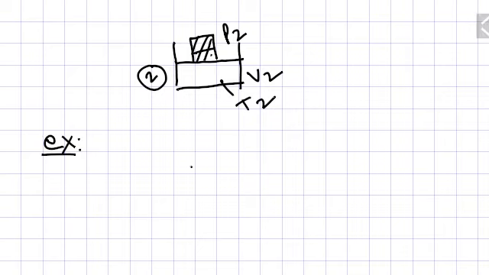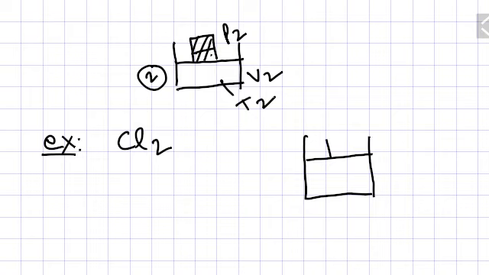We are taking chlorine gas. Suppose you have been given chlorine gas like this. We will always use this kind of apparatus to better understand. A weight is here and the gas is balancing this weight. It means the pressure of the gas is equal to the weight of this element.